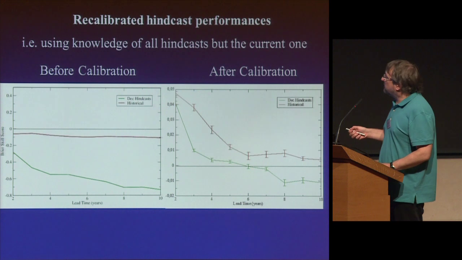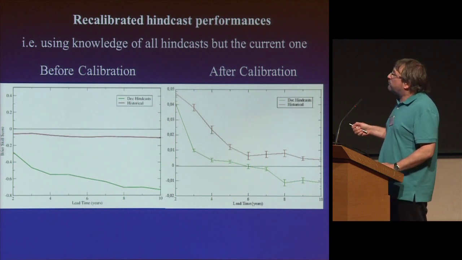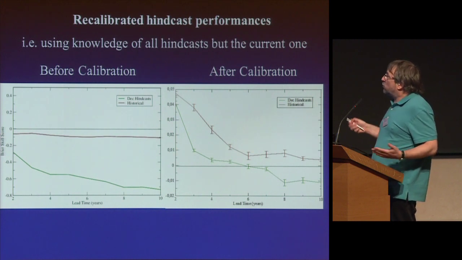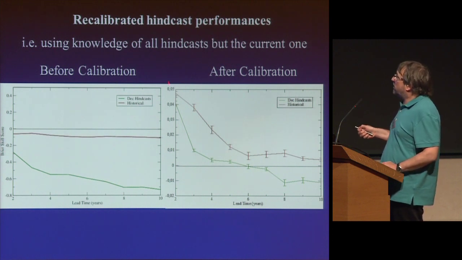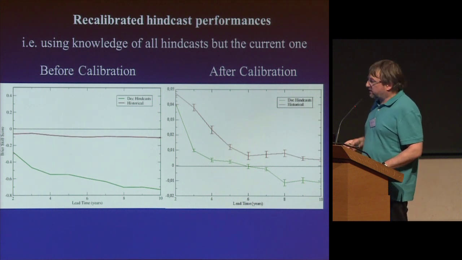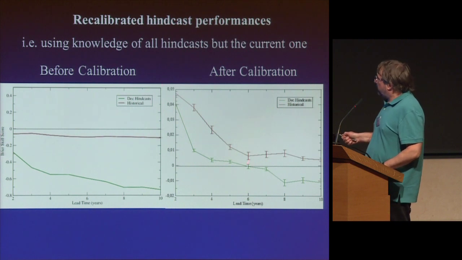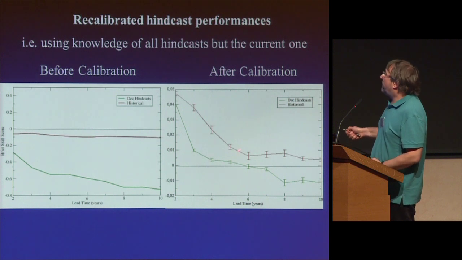And this is shown here. The knowledge of all hindcasts except the current one helps us to calibrate the forecasts and to build a calibration curve, for example, of the forecast probabilities. And after calibration, we can have some positive skill score that again seems to be significantly higher than 0. It means the forecast brings some information up to lead time 5 to 6.